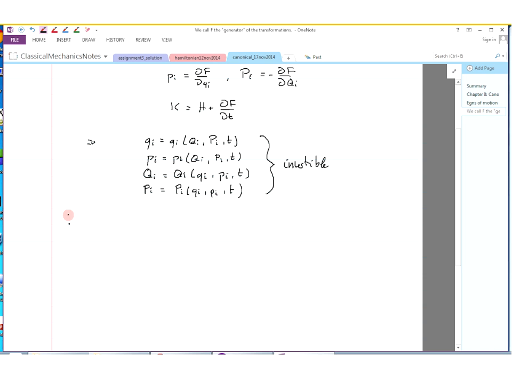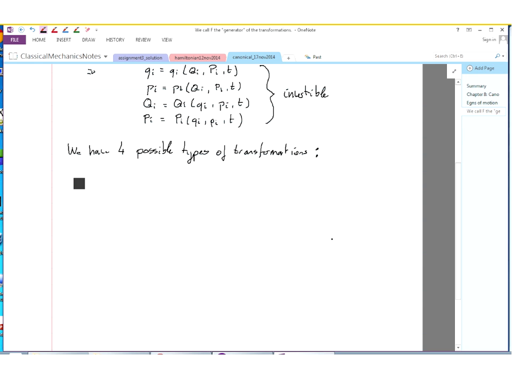So we have 4 possible types of transformations, depending on what f depends on.